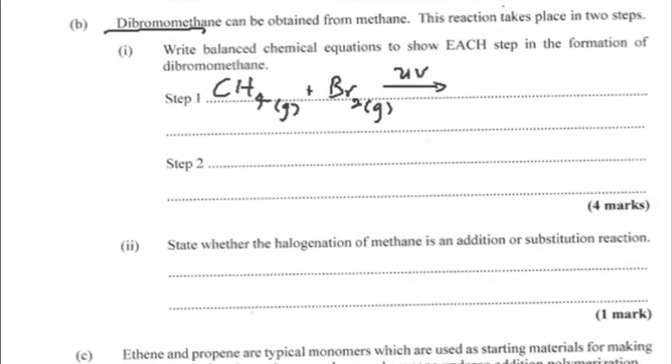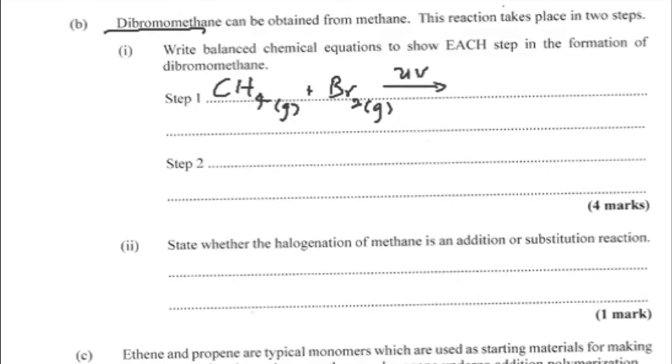They're very, very reactive. One of them would take the place of a hydrogen. Not to preempt the question too much, it's a substitution. This is an alkane, so our bromine is going to take off one hydrogen at a time.